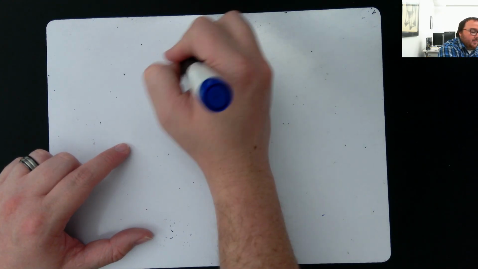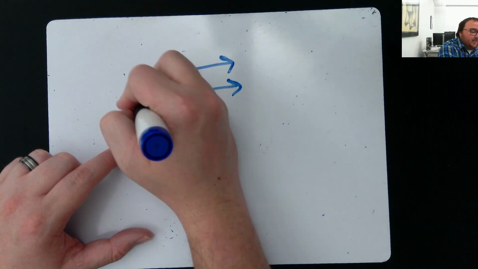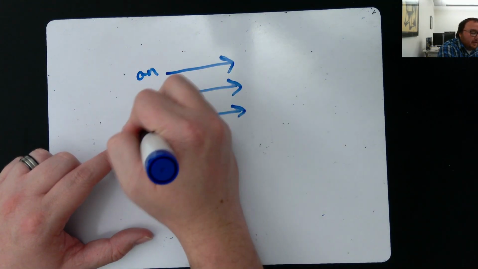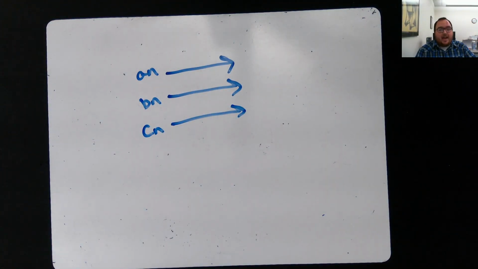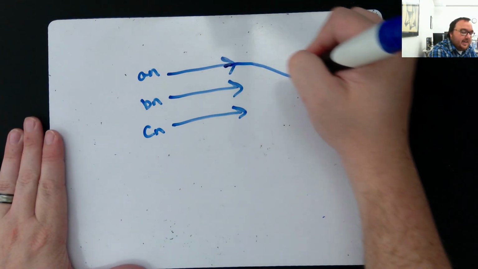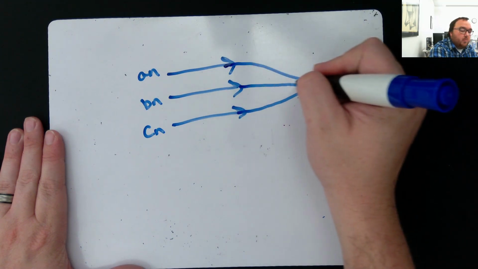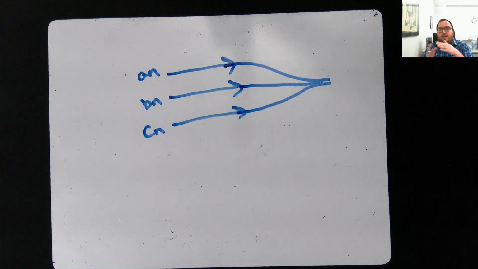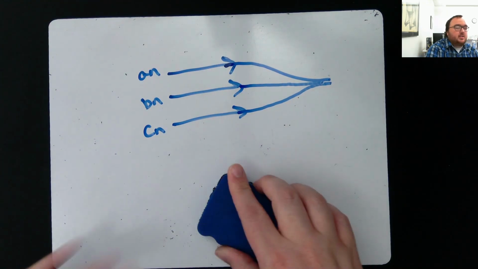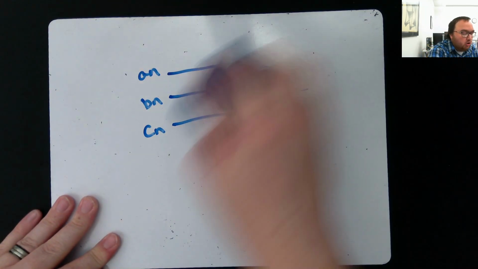This is a_n. b_n is less than that, and c_n is less than that. Well, what it's saying is if a_n and c_n approach the same point, b_n must also approach that point because it's got to be between them, right? So that's what I have. So if I can find a sequence smaller and a sequence larger that approaches the same thing, then I'll be good.